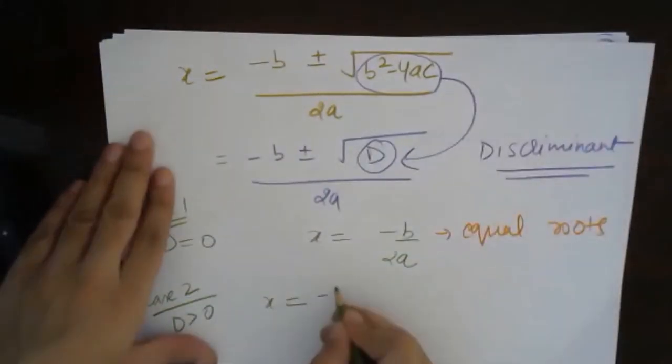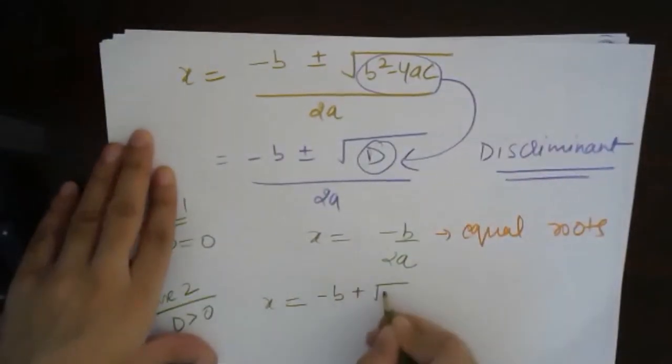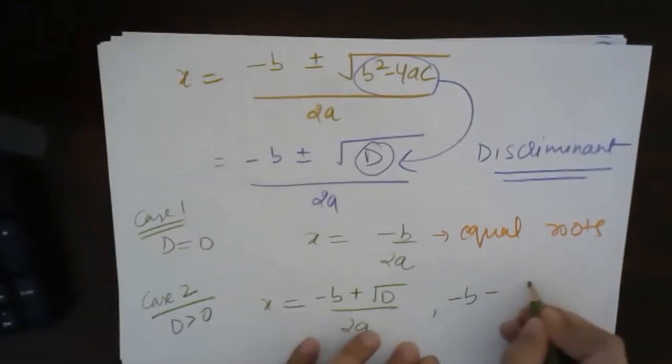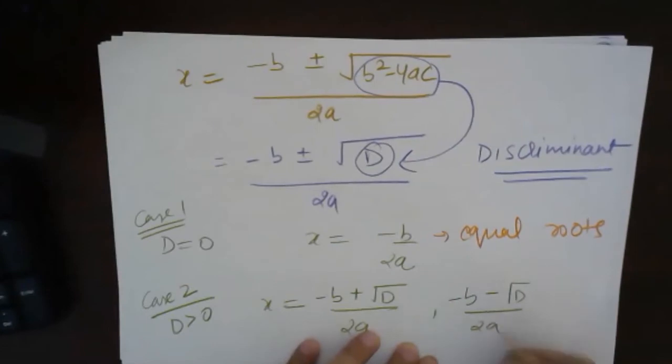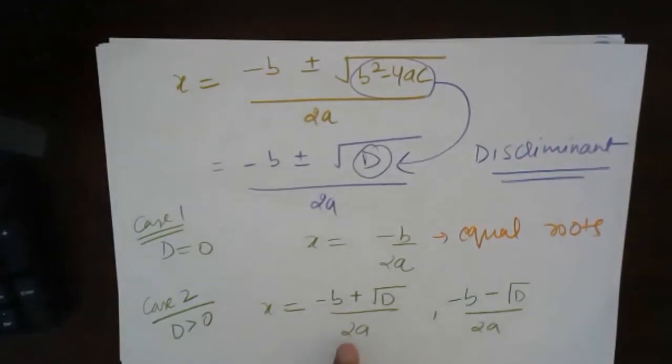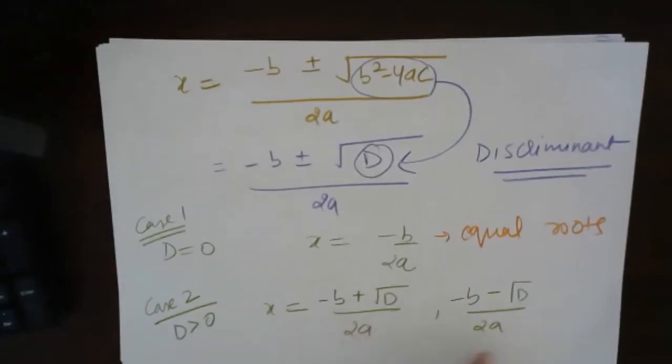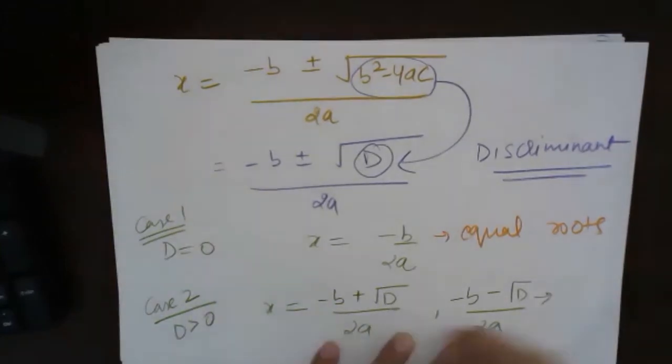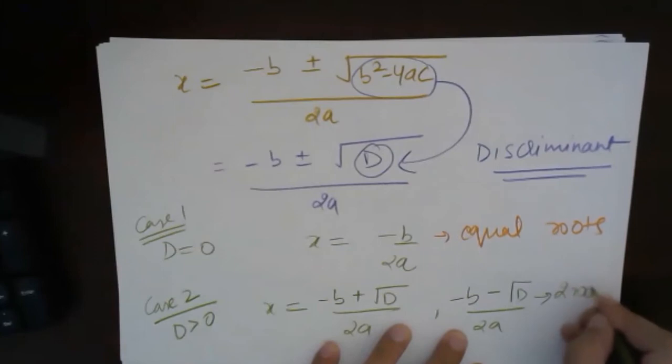So you will get minus b plus under root of d by 2a, comma, minus b minus root d by 2a. Right? So what are you getting? Two different roots. You are getting two different roots, right? So here also you are getting two roots, but they are different. Okay.